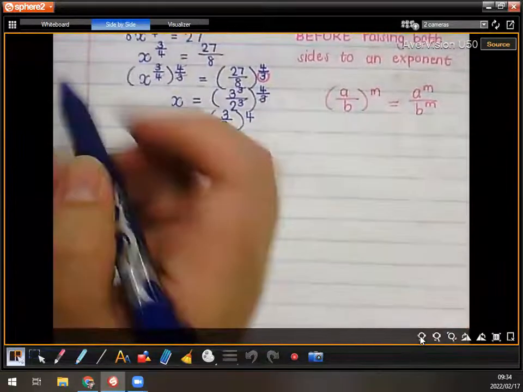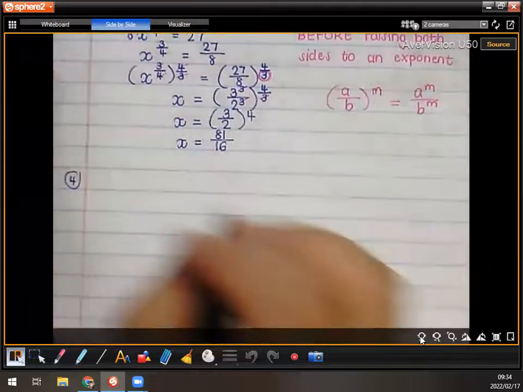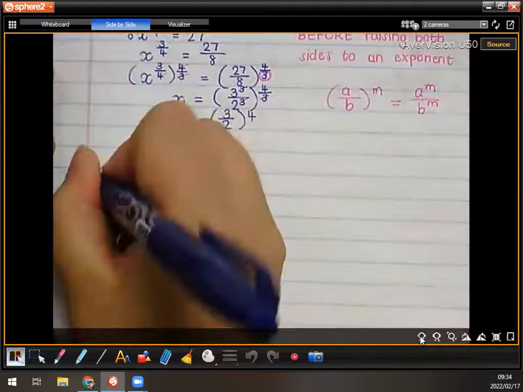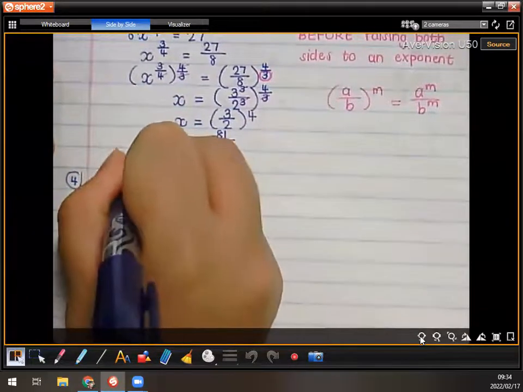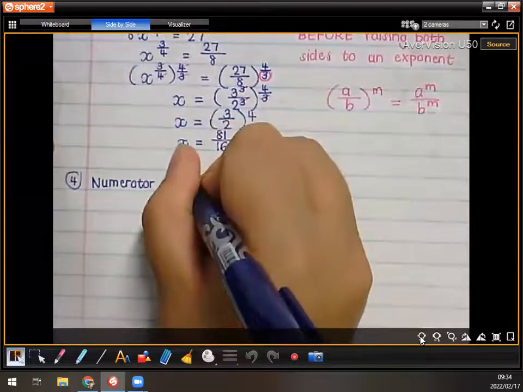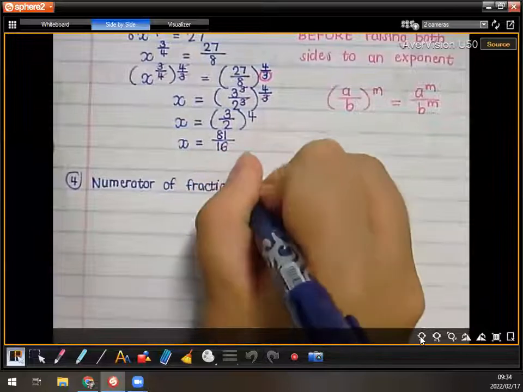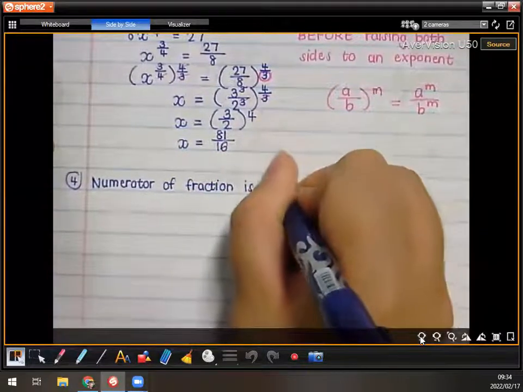I'm going to show you now. It's the same method, we just actually need to add something extra, right? So I'm just going to write here, numerator of fraction is even.